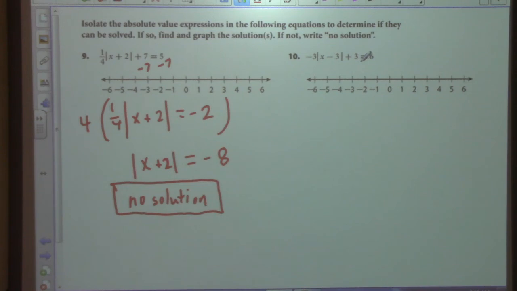And this one here, are you going to have a solution here? No, because you're going to subtract 3, so you'll get -3.